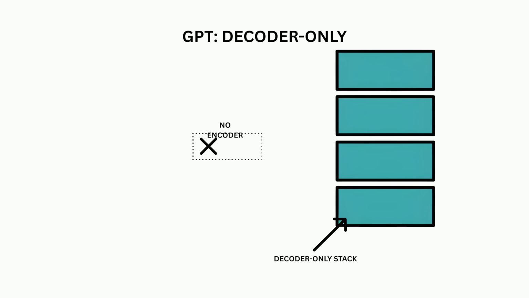Because it's decoder only, GPT's attention is also restricted to look backward only, called causal or masked attention. Each word can attend to every word before it, but never to words that come after, since those haven't been generated yet. That's the entire architectural idea behind GPT, a tall stack of decoder blocks doing causal self-attention over and over.